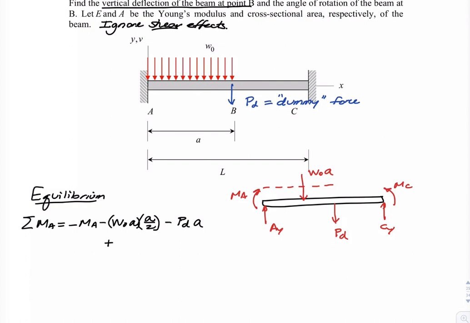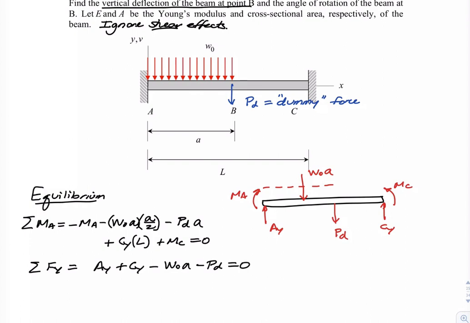I've got CY with a positive moment arm of L, and I have an MC like that. Summing forces in Y, I've got AY plus CY minus W naught A minus our dummy force PD.